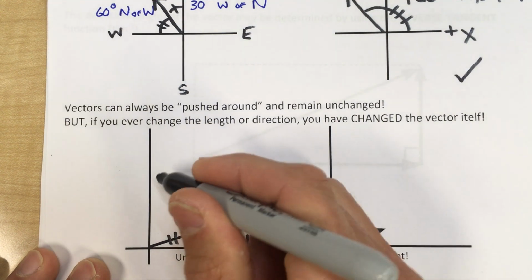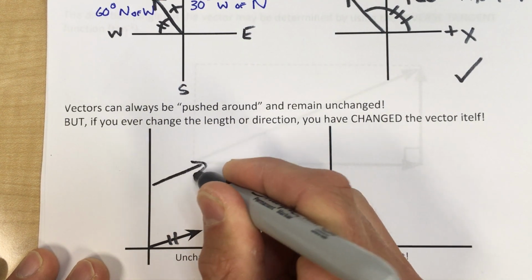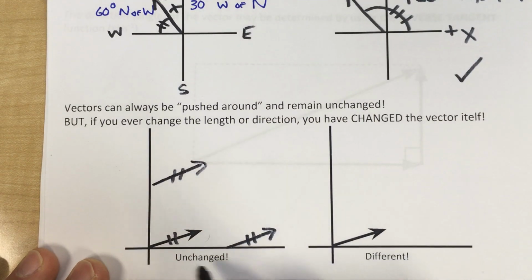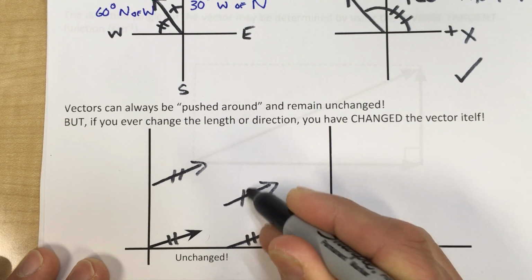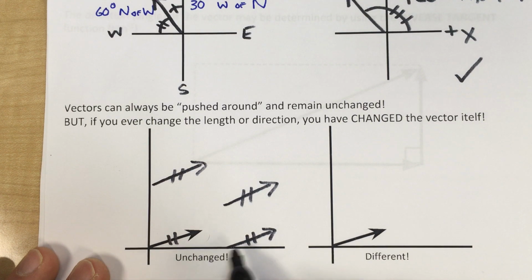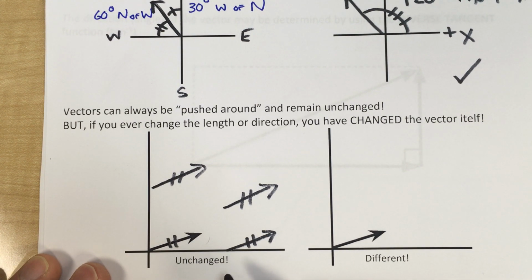I could move that vector up, and as long as I don't change the length or the direction, that's okay. I could even move it out here. You can imagine just pushing that vector around. All of these vectors are exactly the same. It doesn't matter where they start. As an example, think about displacement. The displacement doesn't depend on the specific starting point, just on the change.